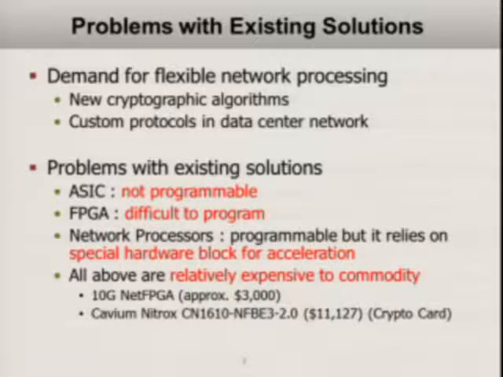So what's the problem with existing solutions? I want to note that network processing is not only complex, but there's also a growing demand for flexibility. For example, a new cryptographic algorithm can be desirable for more secure and faster processing, and in data center networks, there's a lot of need for custom protocols to optimize performance.